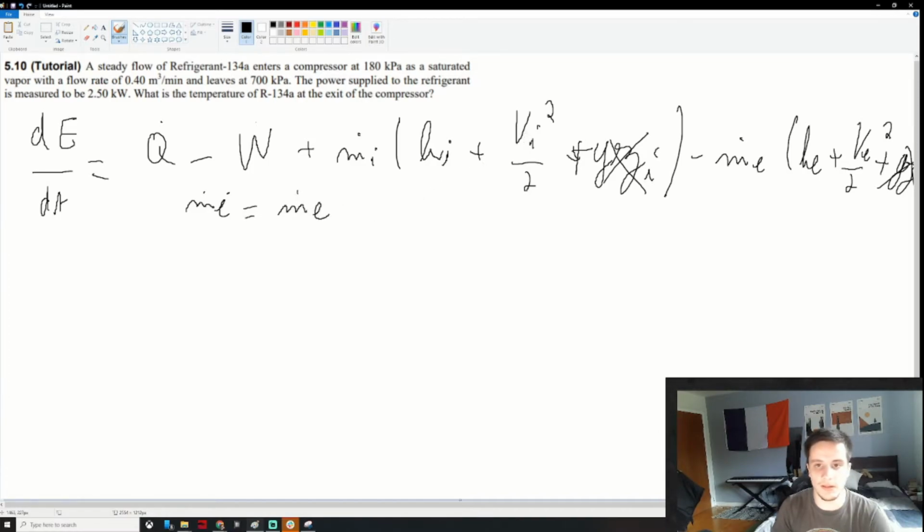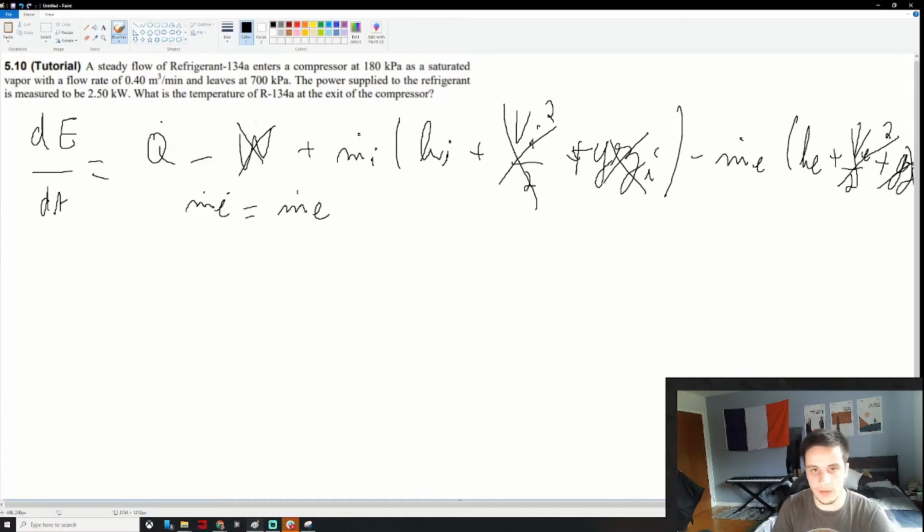Change in velocity, yes, no. In compressors, usually you won't have a change in velocity, so actually we can ignore this as well. Is there work? We are not moving an object over a distance, so there's no work.